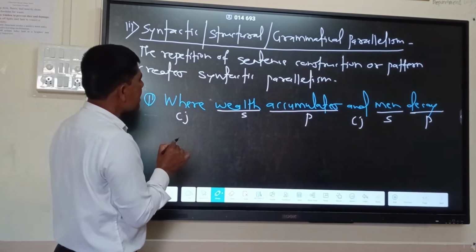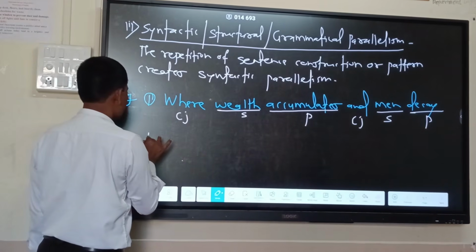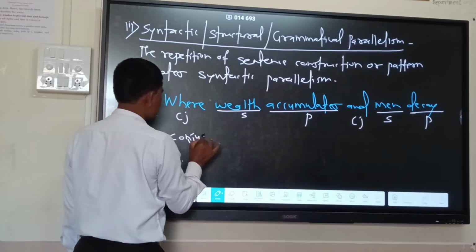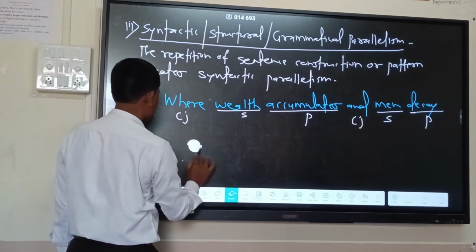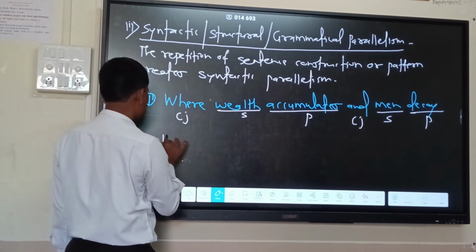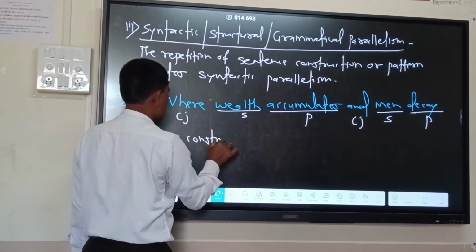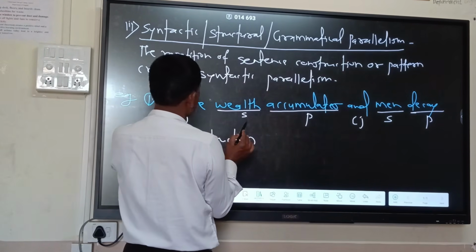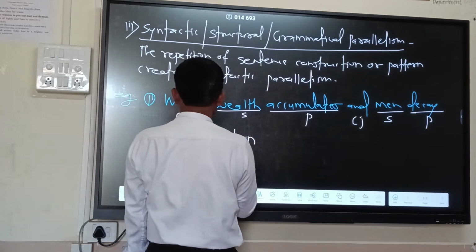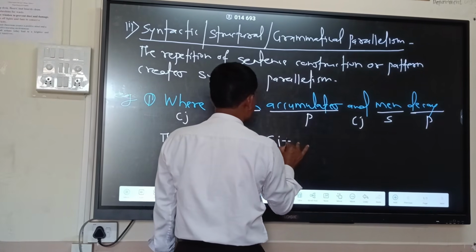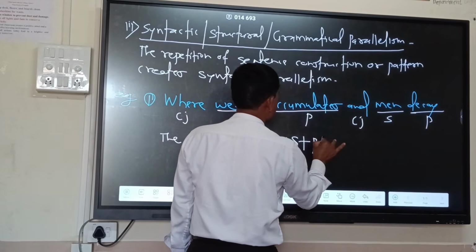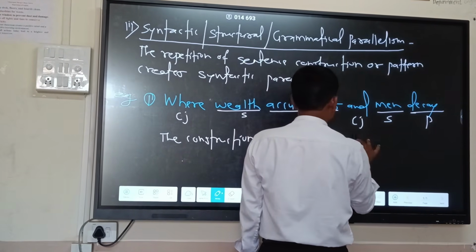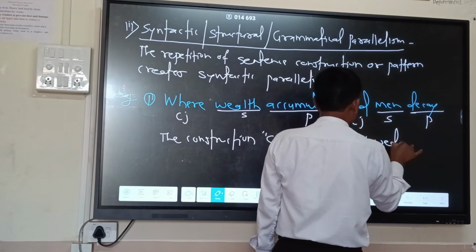So here the sentence construction we can say is conjunction plus subject plus predicate, which is followed.